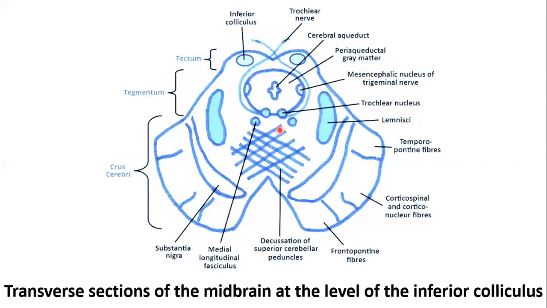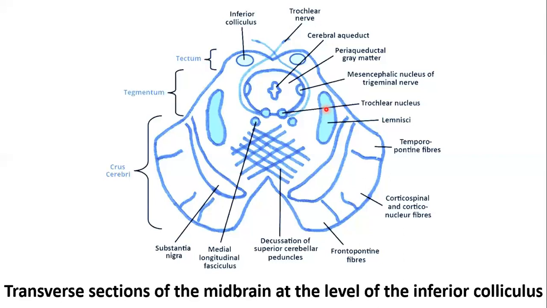Then we move to the white matter, which would be the sensory tracts and the motor tracts. What are the sensory tracts of fibers? There will be the lemnisci. At the level of the inferior colliculus, we have four lemnisci. What are they? I told you already a mnemonic: My Tongue Speaks Louder.